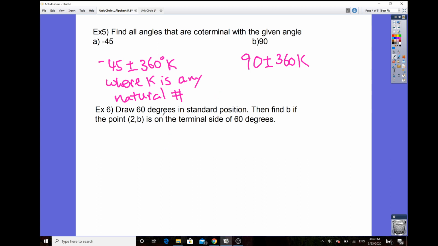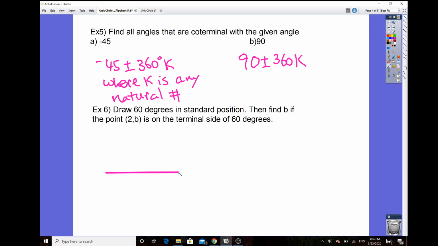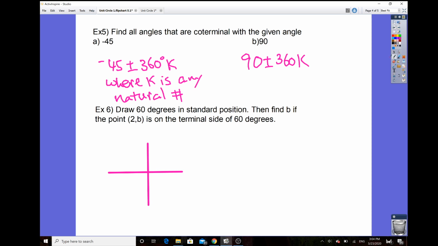For the next one, you want to draw a 60 degree angle in standard position and then find the value of b. The point 2, b is on the terminal side of the 60 degree angle. Again, for this one I need the x-axis and the y-axis. So this one is showing the 60 degree angle in standard position, about up here.